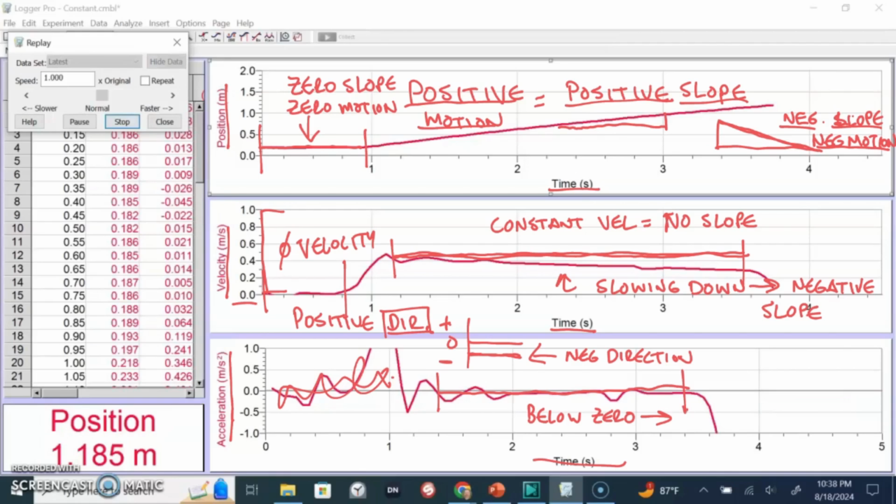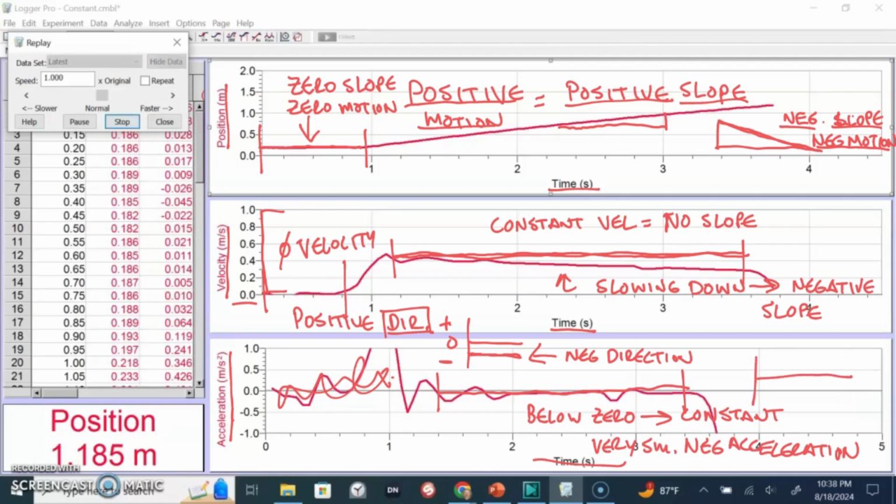And it's constant. So that means we're just barely accelerating. So we have a very small negative acceleration.